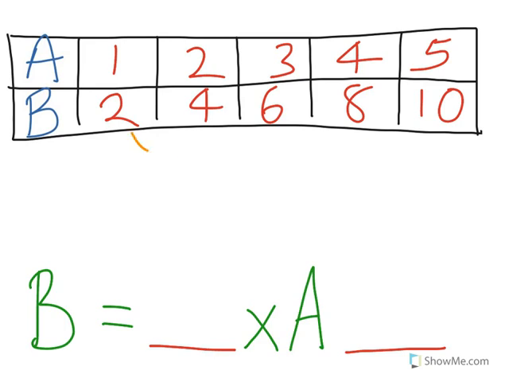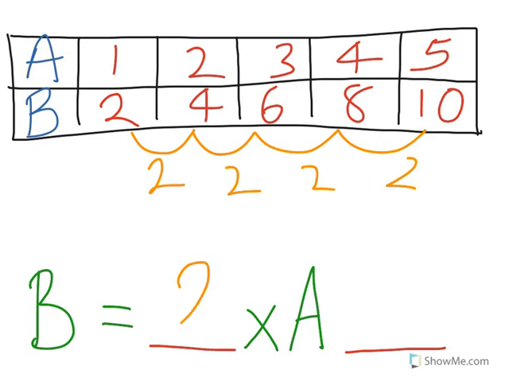Let's have a look here. We see we have the same gap between all our numbers, and it is 2 each time. So that 2 goes in front of our a. So far we have b equals 2 times a. So let's test our rule.